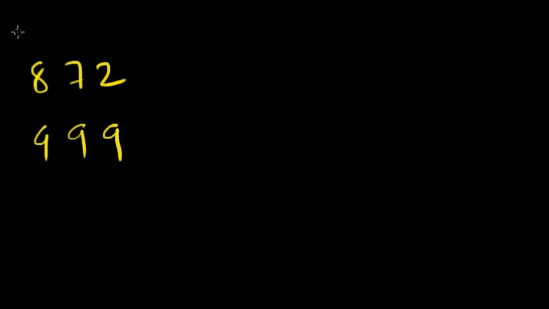Same thing. Both these numbers are closer to 1000, their base. So the complement would be all from 9 and last from 10. So 8 from 9 is 1. 7 from 9 is 2. And 2 from 10 is 8. And here, it's very simple.